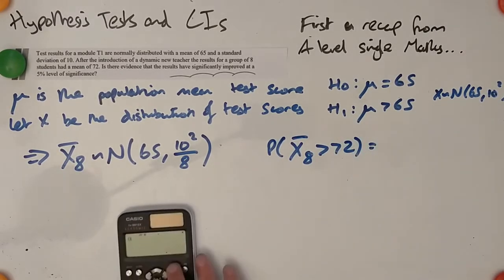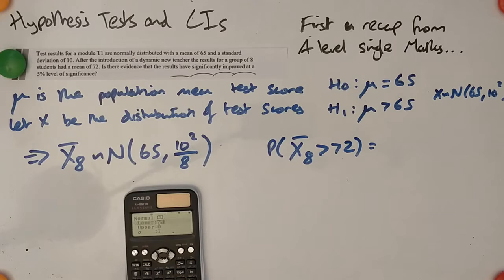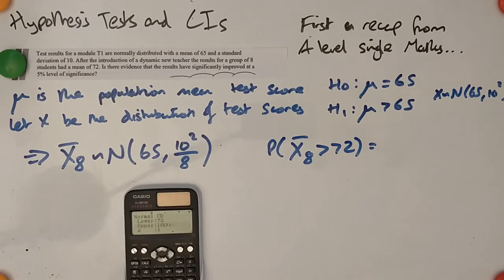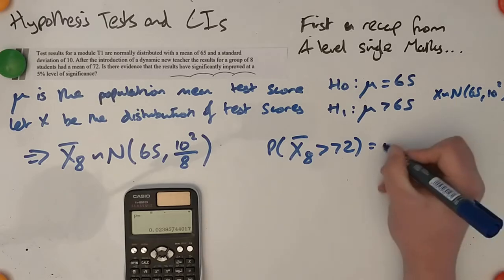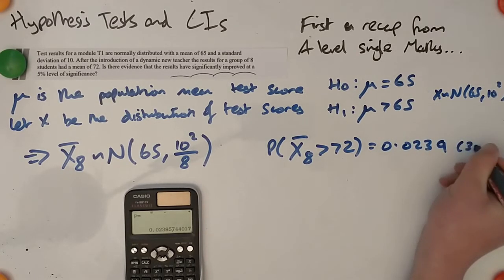So I'm just doing that in my calculator. Menu 7 and normal CD. My lower is 72. My upper is a really, really big number. My sigma is equal to the square root of 10 squared divided by 8. And my mu is equal to 65. The probability I get there is 0.0239 to 3SF.